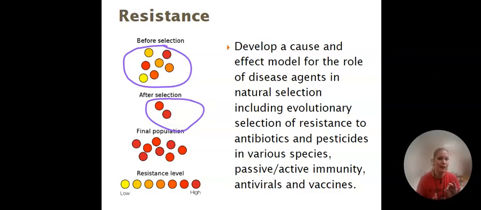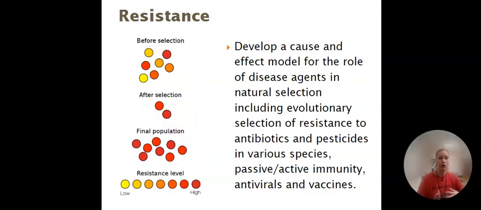But some of those bacteria survive because they happen to be immune to that antibiotic. So our final population looks way different compared to their ancestor population. So this is natural selection. We see a change in this population over time due to taking antibiotics.